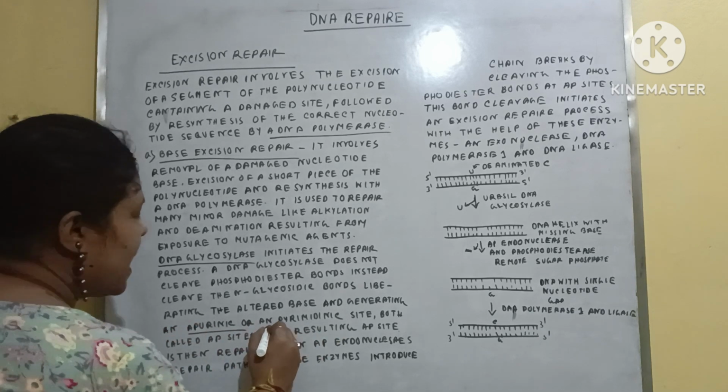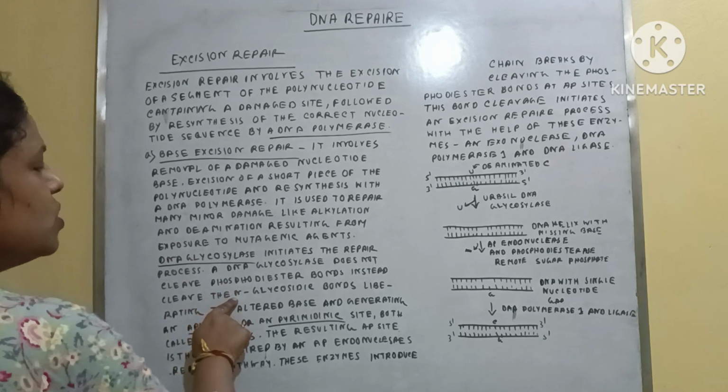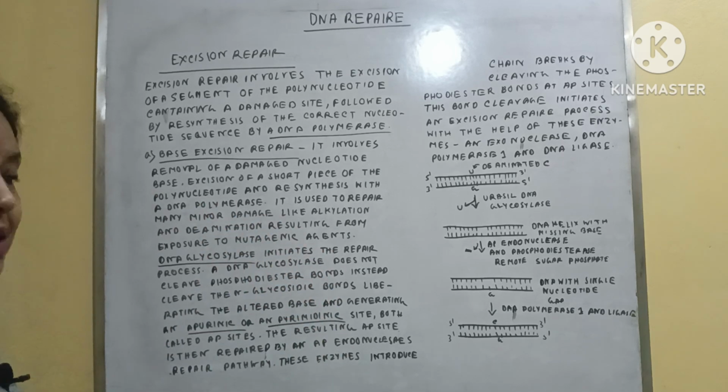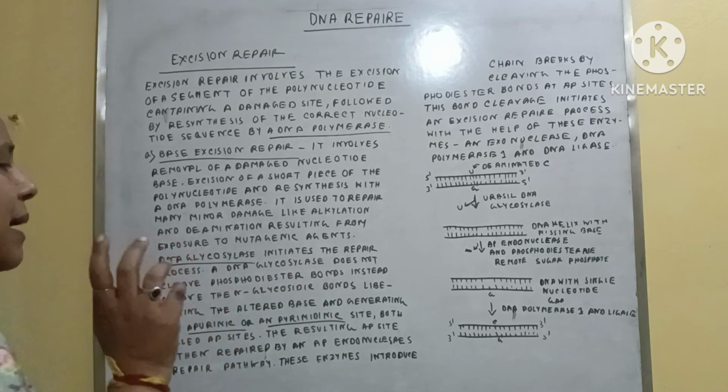I repeat this again. Instead of breaking the phosphodiester bond, the N-glycosidic bond is just cleaved, and the site at that time is known as the AP site.